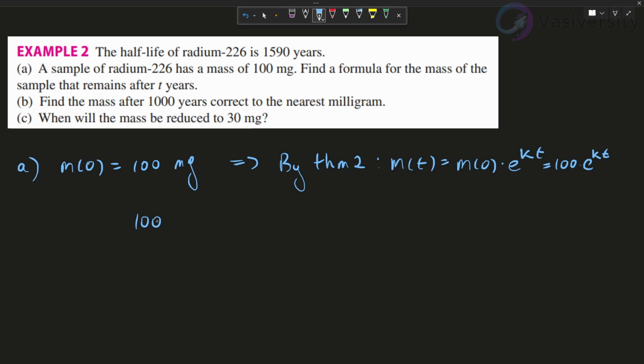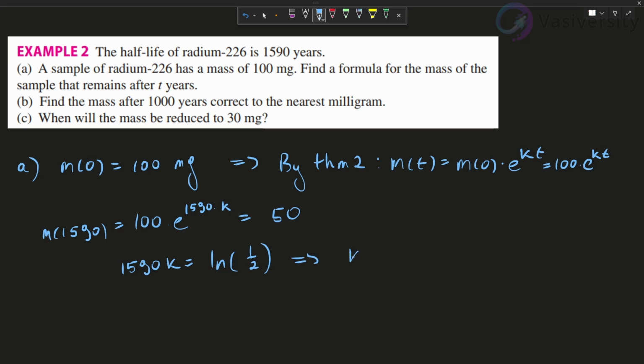So m of 1,590, which is 100 times e to the 1,590k, is equal to 50. That means 1,590k is equal to the natural logarithm of 1/2. So k is equal to, by using the rules of logarithms, negative ln 2 over 1,590. Okay, so that's going to be our k.